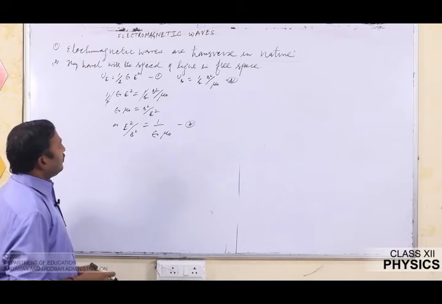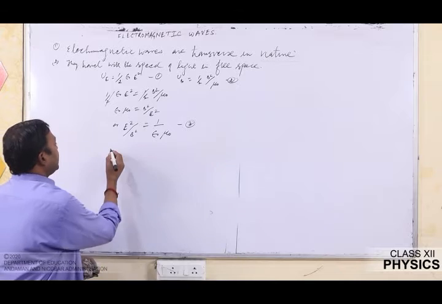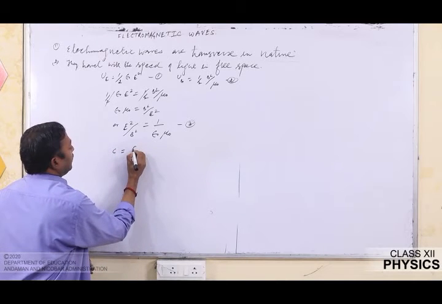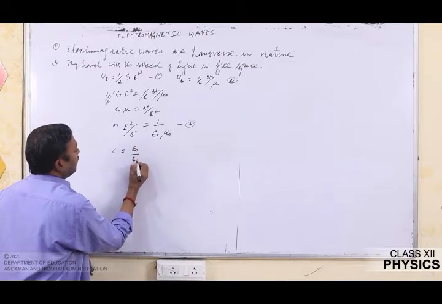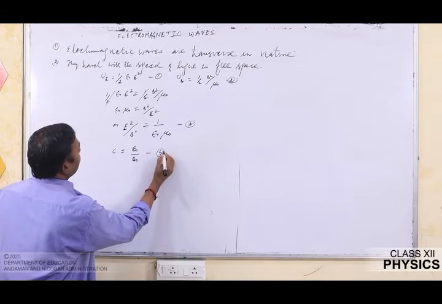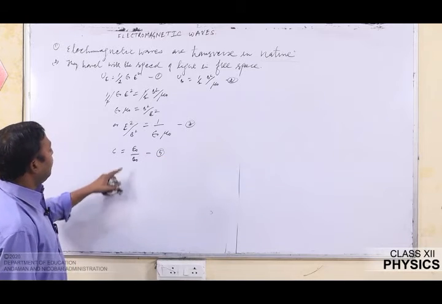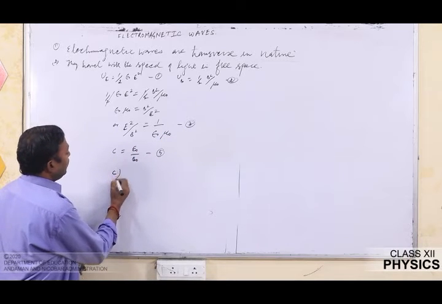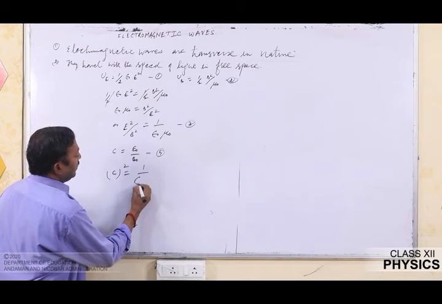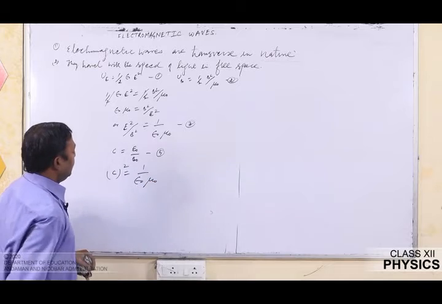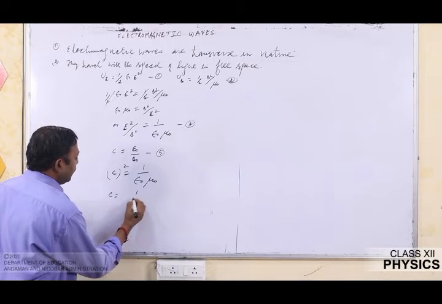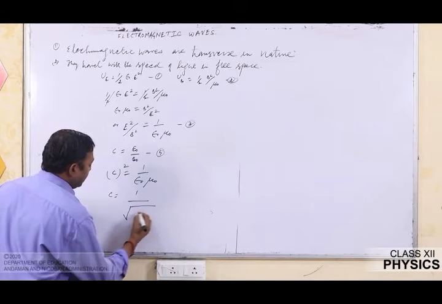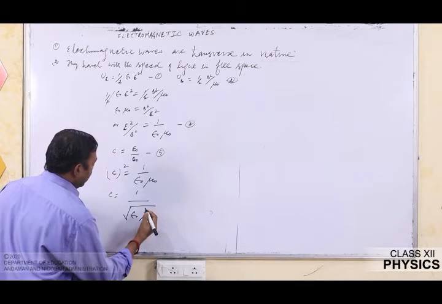Now, from the concept of magnetism, we know that C is given by E0 divided by B0. Let this be equation 4. Now, substituting the value of E by B in equation 3 gives C whole square is equal to 1 by epsilon 0 mu 0, or C is equal to 1 divided by under root epsilon 0 mu 0.